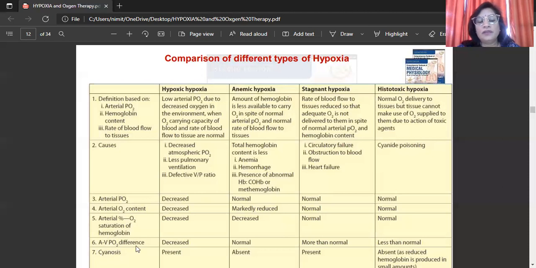Arteriovenous PO2 difference is decreased in hypoxic hypoxia. In anemic hypoxia, it is normal. In stagnant hypoxia, it is more than normal. And in histotoxic hypoxia, it is again less than normal.